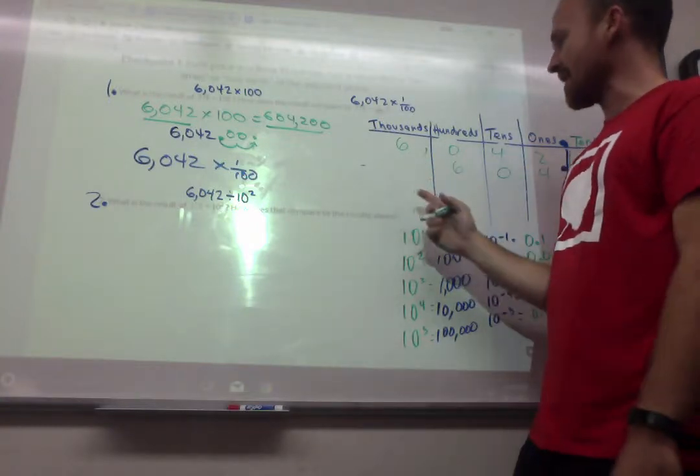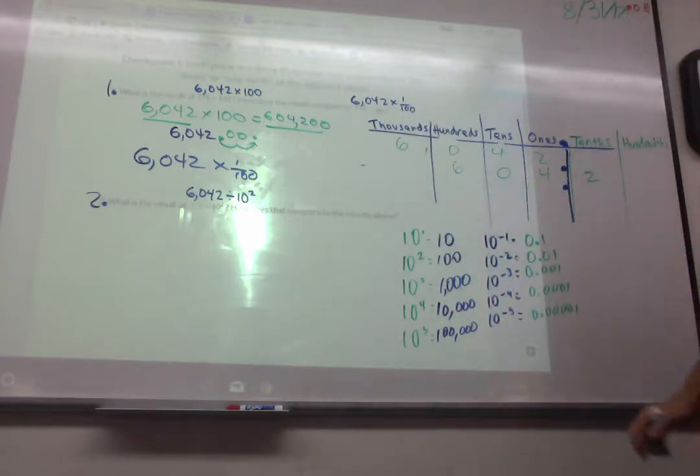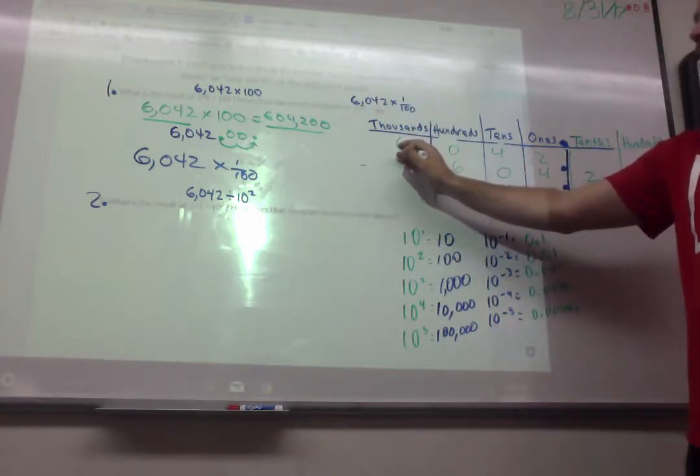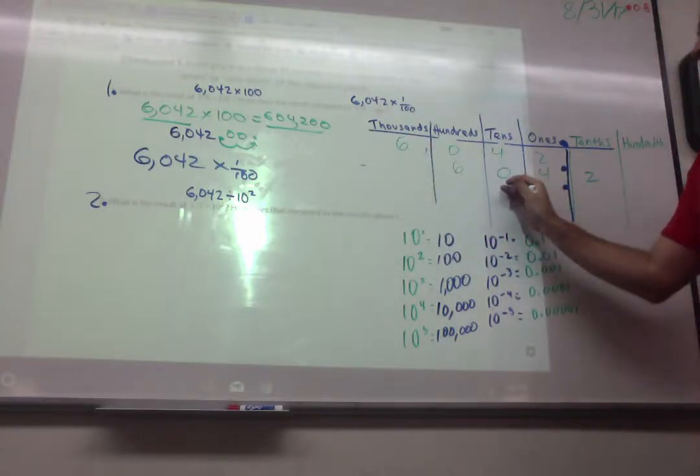But I'm not making it 1 tenth smaller, I'm making it 100th smaller. So instead of 1 place value moved over, I'm going to move it 2 place values over.